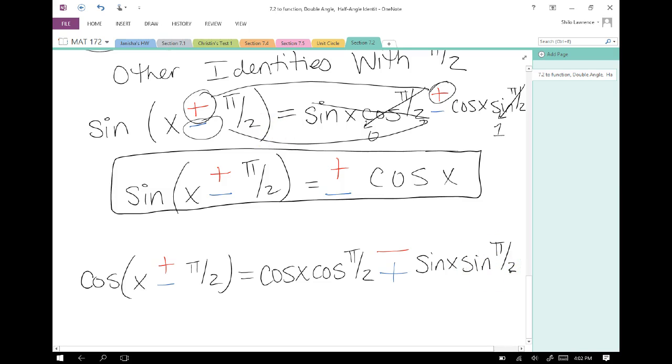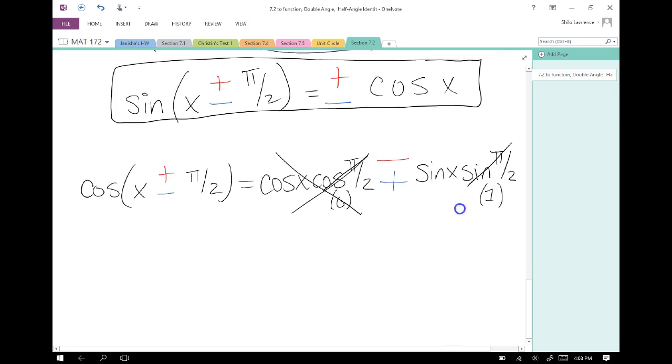And the pieces that have the pi over 2s we can simplify. Now earlier we said cosine of pi over 2 is just equal to 0. Sine of pi over 2 is equal to 1. So anything times 0, that whole piece is going to be gone. And then anything times 1 is just going to be itself.